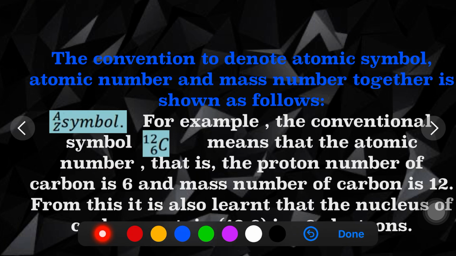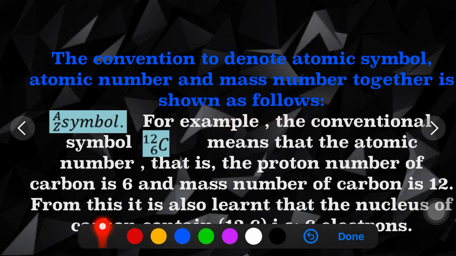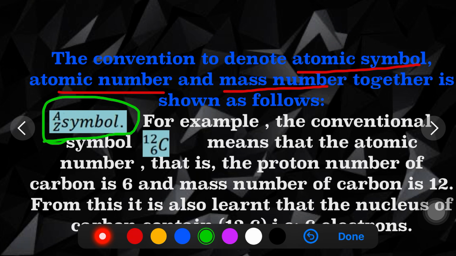The convention to denote atomic symbol, atomic number and mass number together is shown as follows. See, student, how we can write these three together. First of all, the atomic symbol, mass number A and atomic number Z. Symbol here will be any element's symbol. For example, I'll take carbon, capital C. Then capital A is nothing but the mass number.